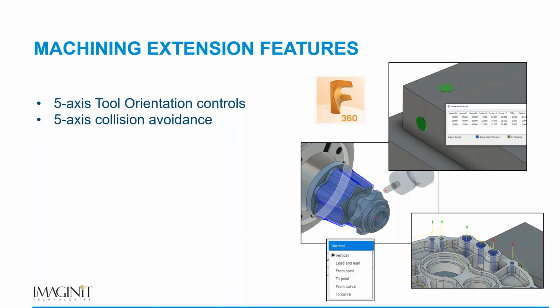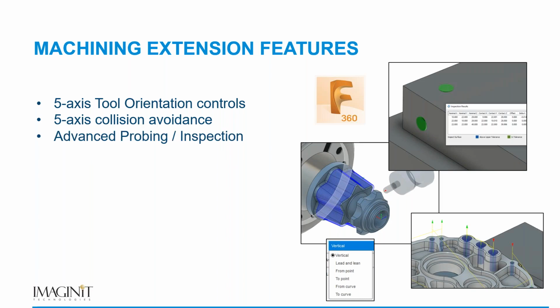So you get some really high-end capability with this purchase. 5-axis tool orientation controls. You can control the lead and the lean, the position of your head and your holder on a 5-axis machine to avoid collisions and to improve the surface contact of that tool when you're working on a complex mold or a complex 5-axis part.